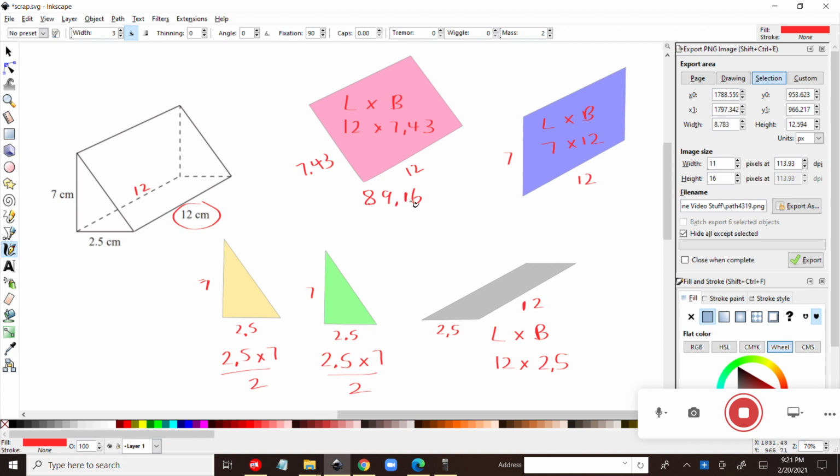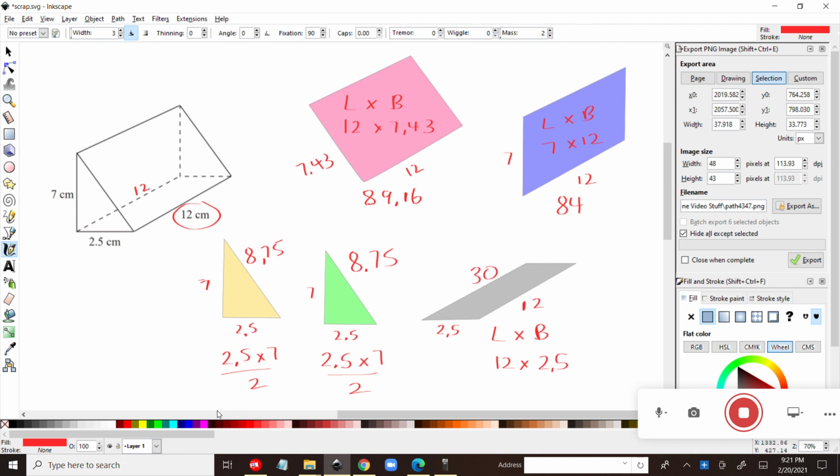So make sure you see it on your calculator. For the blue rectangle, length by breadth, 7 by 12, I'm getting 84. For this triangle, the yellow one, base by height divided by 2, I'm getting 8.75. And of course, this triangle, you will also get the same answer. And for the gray rectangle, length by breadth, 12 by 2.5, I am getting 30.